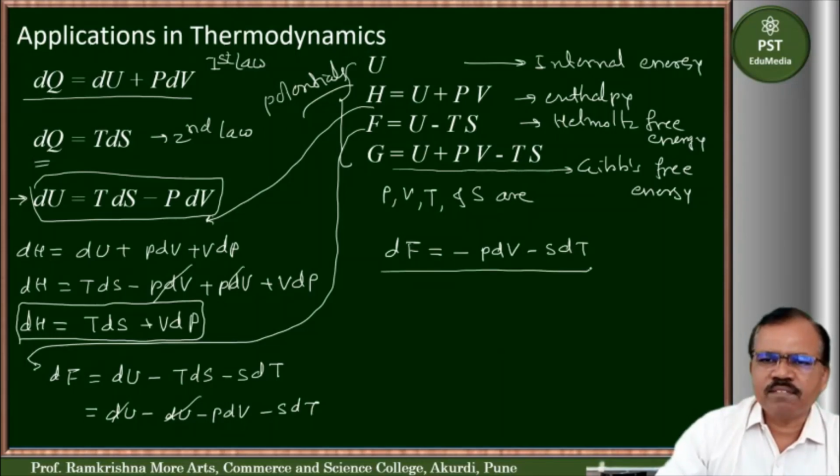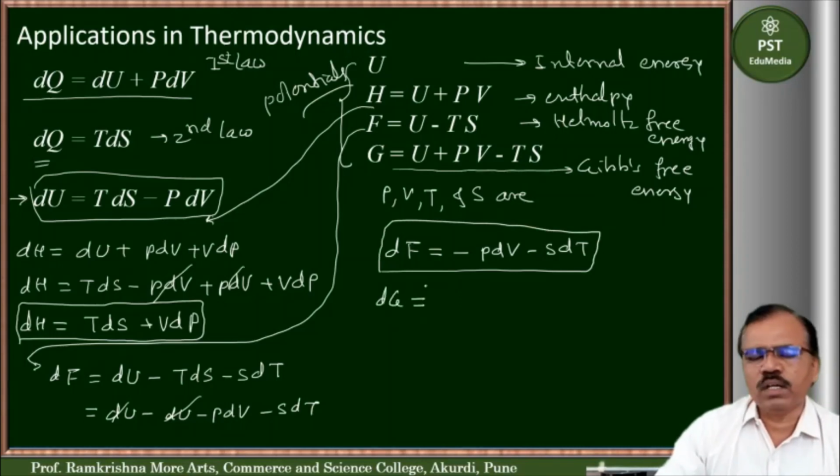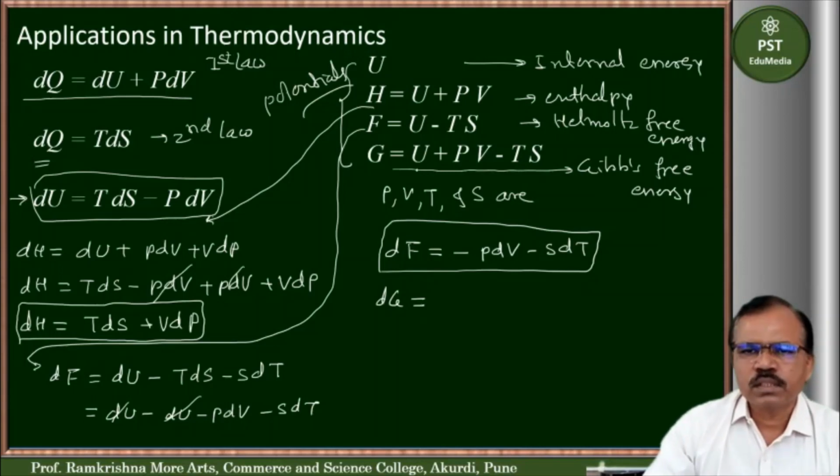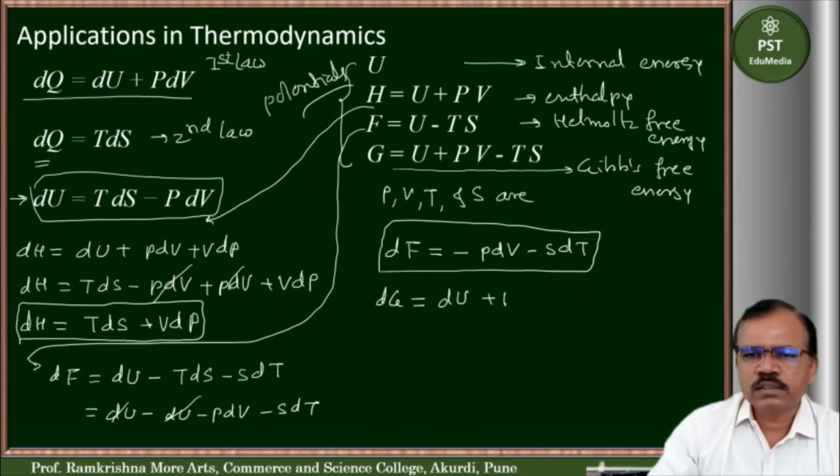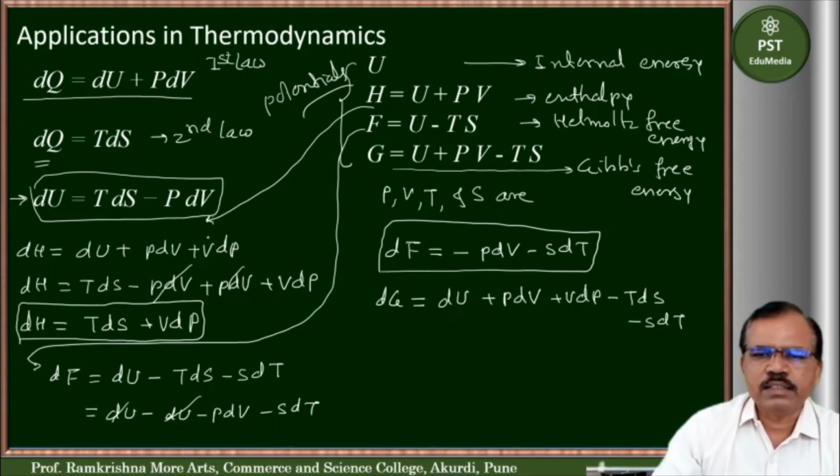Similarly, we can find dg. So dg is equal to du plus pdv plus vdp minus Tds minus sdT. Now we know du plus pdv, that is Tds.